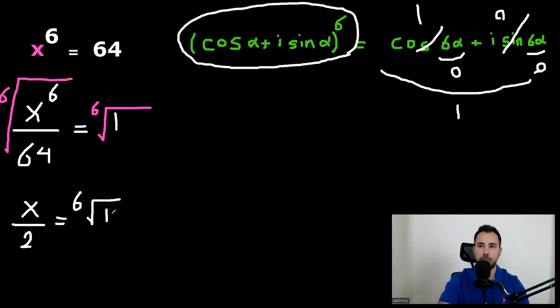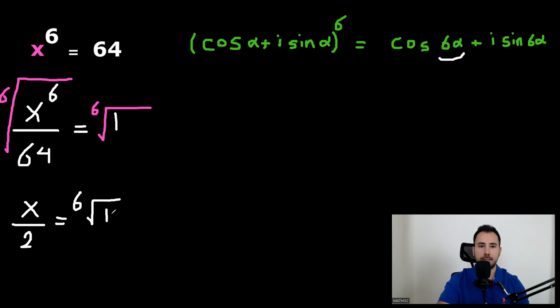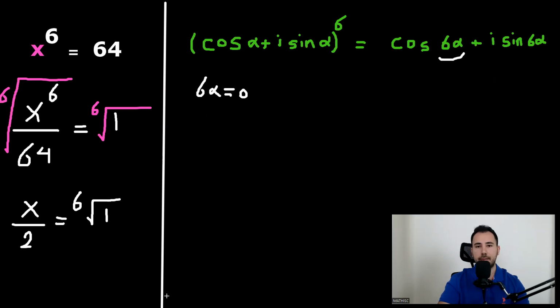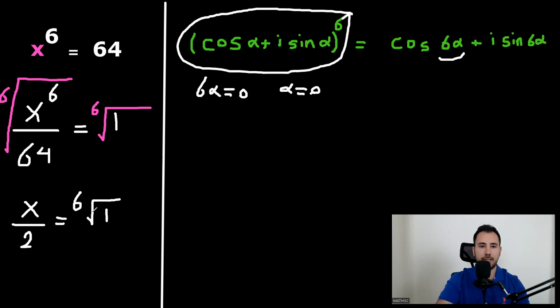Okay? So I'm going to write it here. So the first solution will be 6 alpha equals 0. If 6 alpha is 0, okay, then also alpha would be 0. Okay. So alpha is 0. I'm going to write all of this instead of 1, as I said.